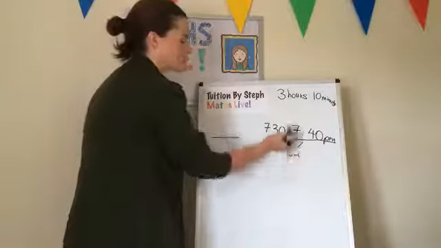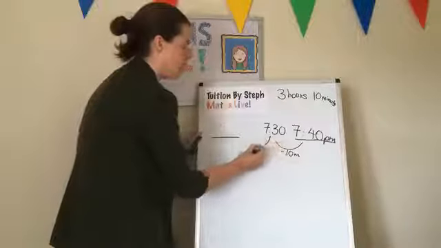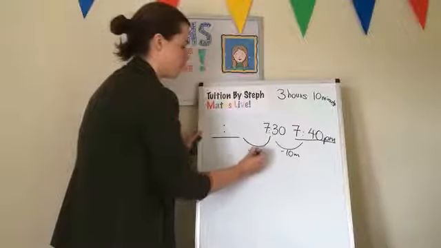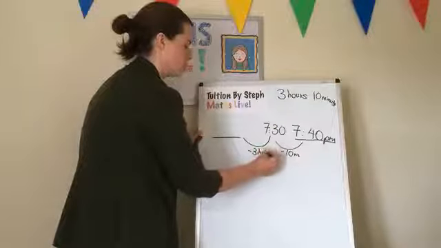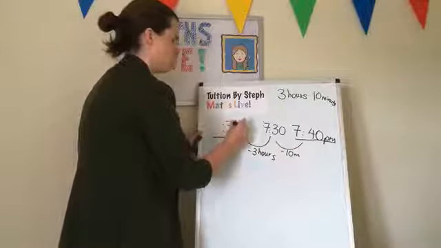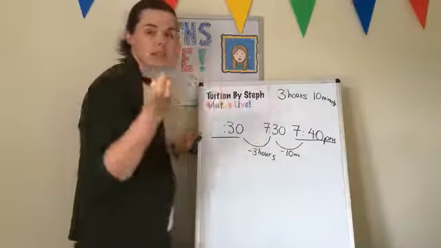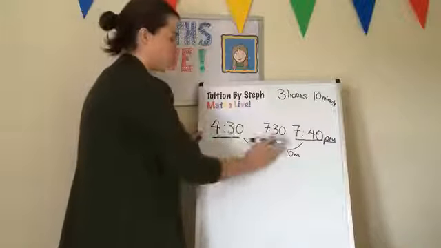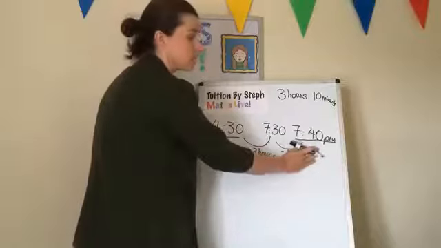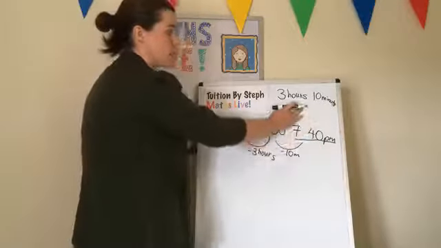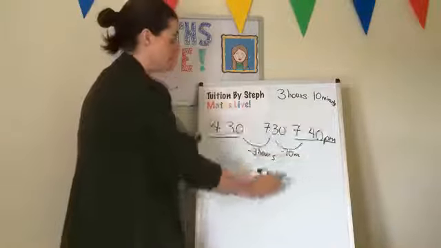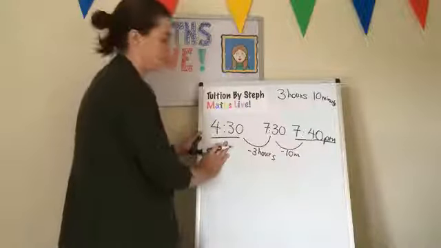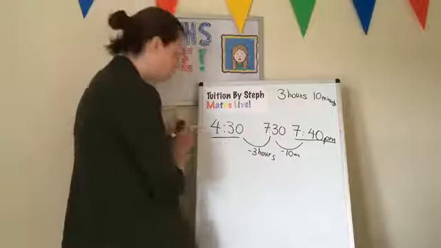So I've done my 10 minutes, and now I'm going to take away my 3 hours. So I know that's going to be 30. So 7, 6, 5, 4. So therefore, if he left the party at 7:40 and he was there for 3 hours 10 minutes, that means he must have arrived at the party at 4:30.